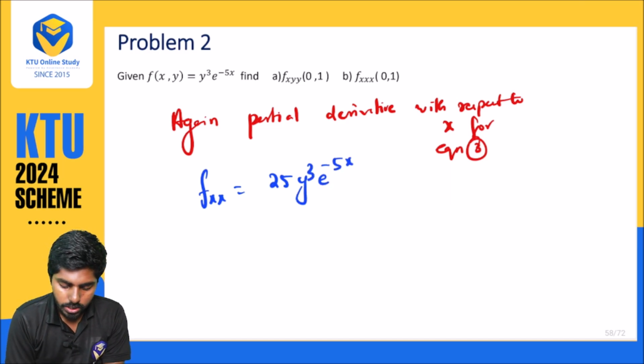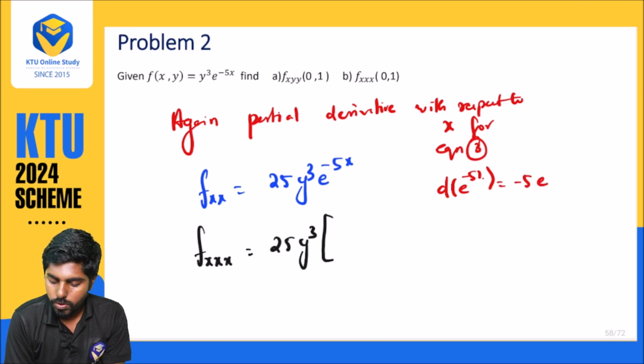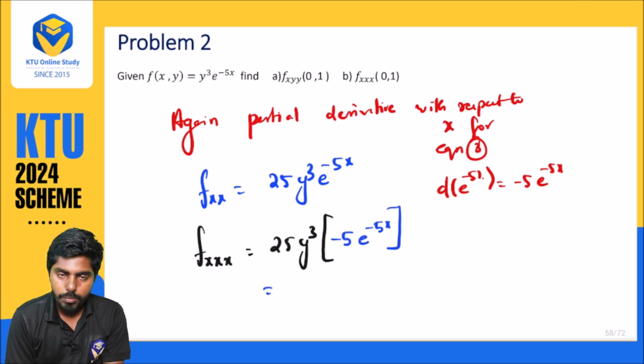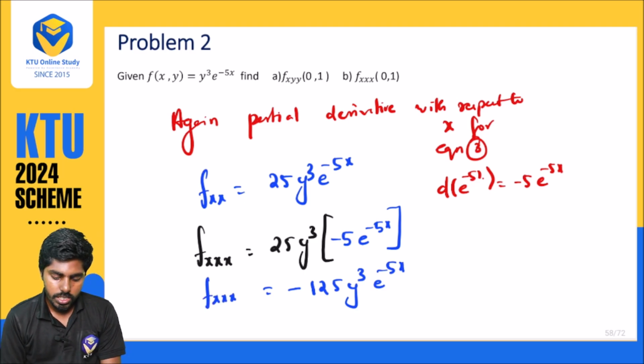Again the partial derivative with respect to x: 25 y cube is a constant, so we take it outside. The partial derivative of e power of minus 5x is the same thing, minus 5 e power of minus 5x. When we multiply, we get minus 125 y cube e power of minus 5x. This is our f_xxx value.